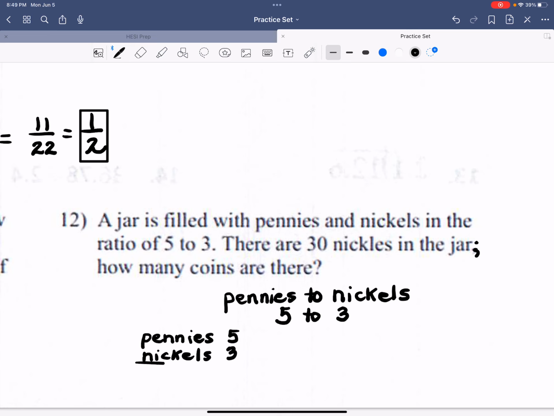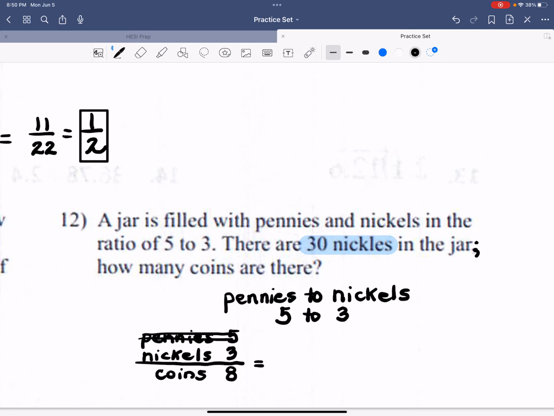And those together would just give me 8 coins. Okay. So then this other piece of information is in terms of nickels. So we don't really care about the pennies at this point. We're interested in those nickels.